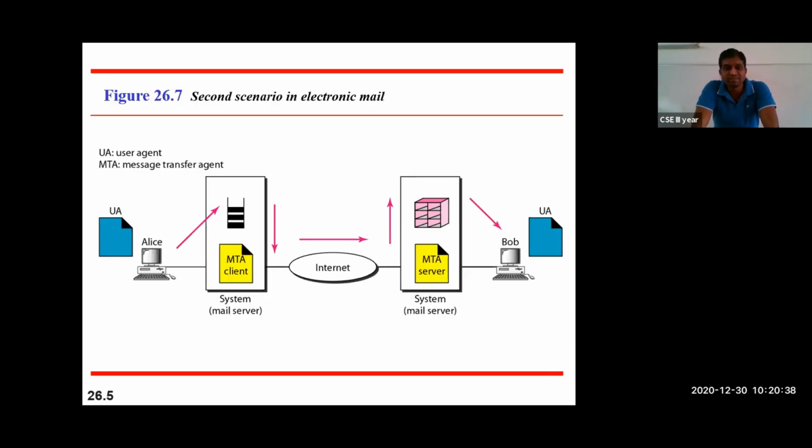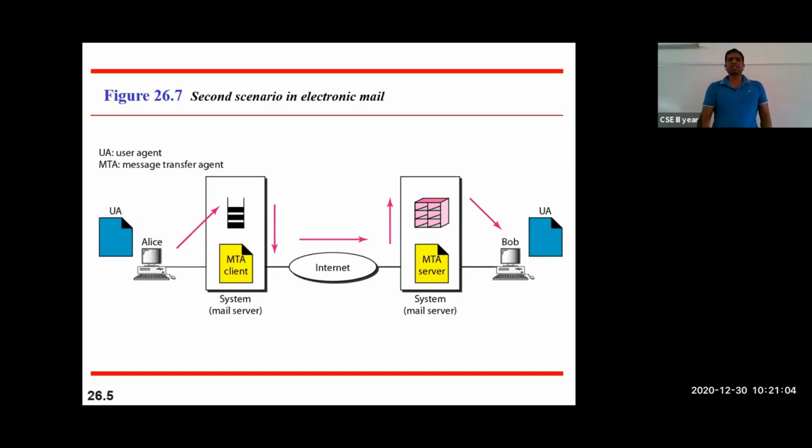The postal department. There should be a person called MTA, the postman, mail transfer agent, an agent who transfers the mail from source to destination, which is from the sender to the receiver. What is the role of the postman? That person is supposed to take the letter from the source to the destination. Similarly, here we will have a mail transfer agent.